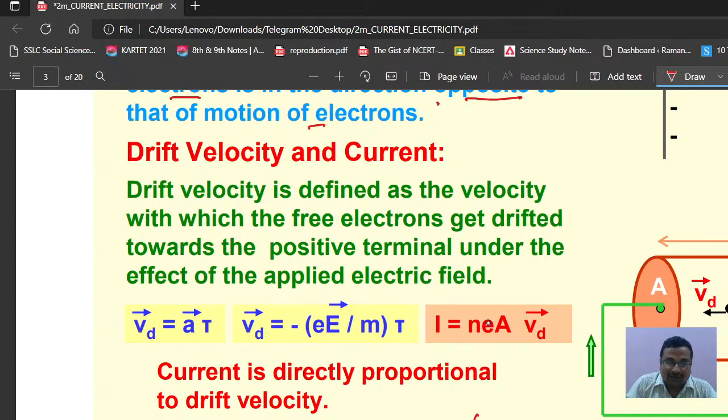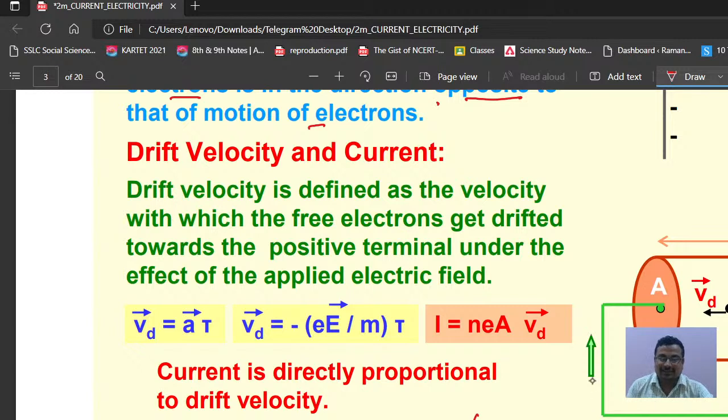Capital E is electric field, small e is electronic charge, the charge of electron, that is 1.6 into 10 to the power of minus 19 coulomb. M is mass of electron, N is number density of electrons, L is length of the conductor, A is area of the conductor.